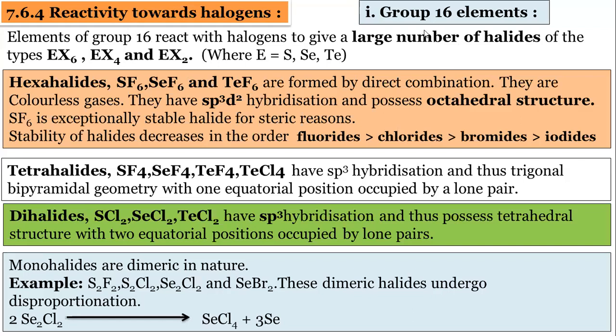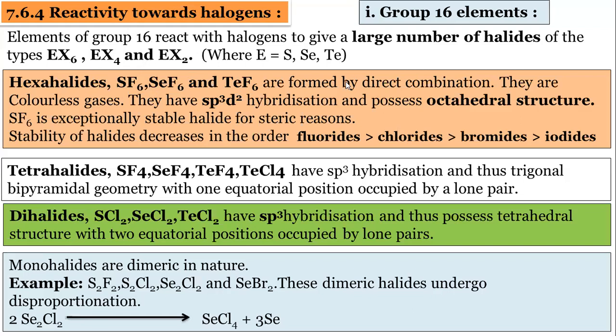Group 16, that is the old style type, oxygen, sulfur, selenium, tellurium, they react with halogens to form these types of halides: the hexahalides, then tetrahalides, and then dihalides. The hexahalides are sulfur hexafluoride, selenium hexafluoride, then tellurium hexafluoride.